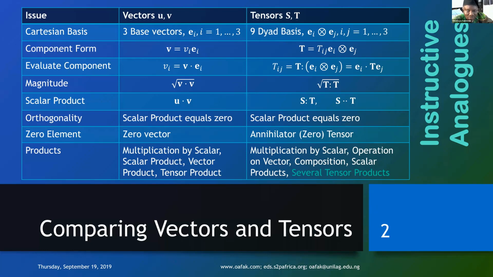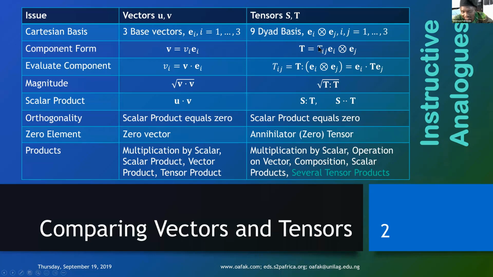For vectors, you have 3 bases. For tensors, you have 9 bases. So both of them have bases. It's just that for vectors, there are 3. For tensors, there are 9. What about component form? When you want to express this in component form, for the vector, you have 3 components. So V1 I plus V2 J plus V3 K, or V1E1 plus V2E2 plus V3E3.